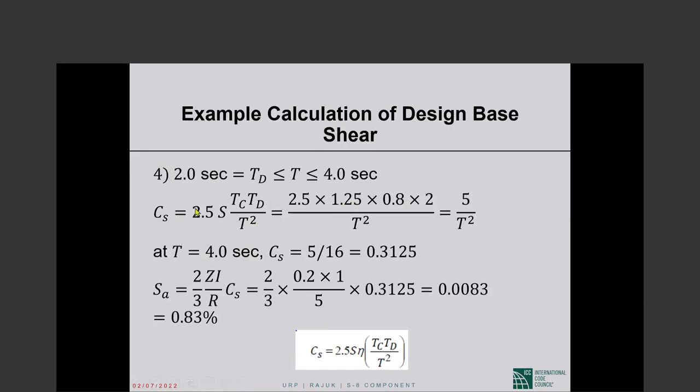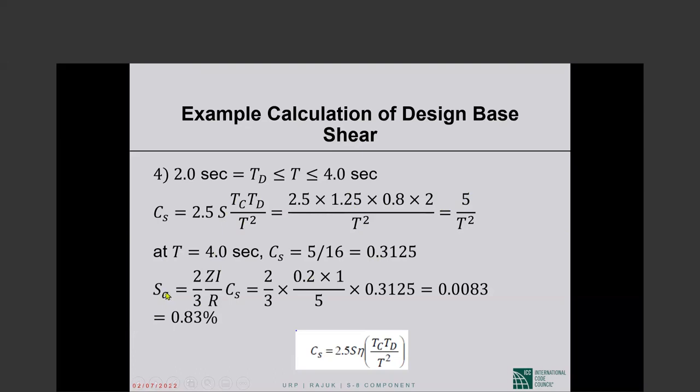Anyway, 2.5. The soil factor is 1.35. T sub C is 0.8. T sub D is 2, divided by T squared. And that apparently came to 5 over T squared. It will probably be a little bit different. So at 4 seconds, C sub S would be 5 divided by 16, or 0.3125.